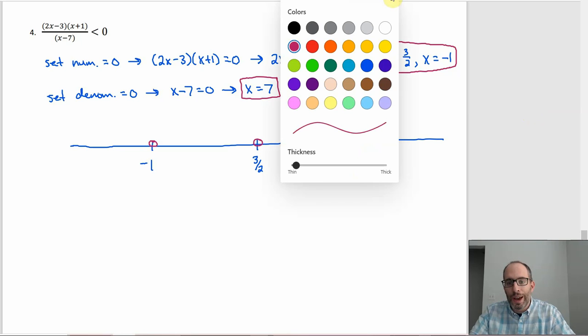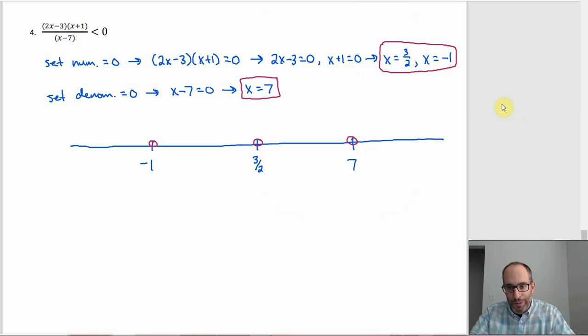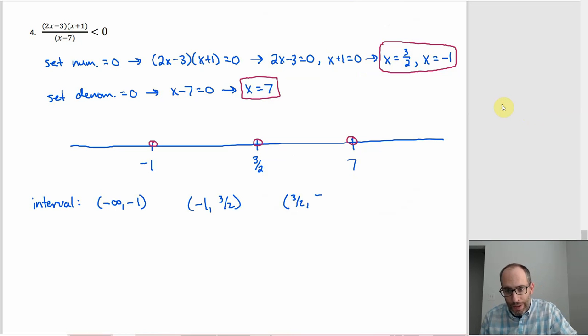All right, now we can start thinking about intervals. So we're going to have 4 intervals. We'll have the interval from negative infinity to negative 1, then negative 1 to 3 halves, then 3 halves to 7, and then above 7, so 7 to infinity.